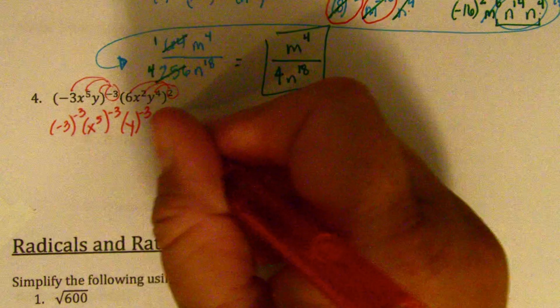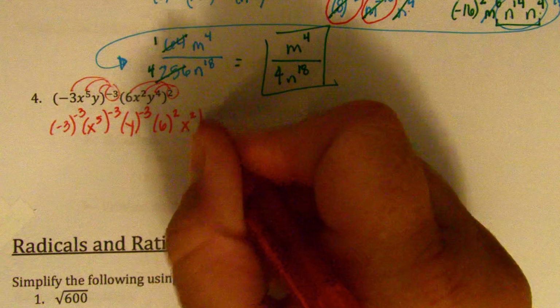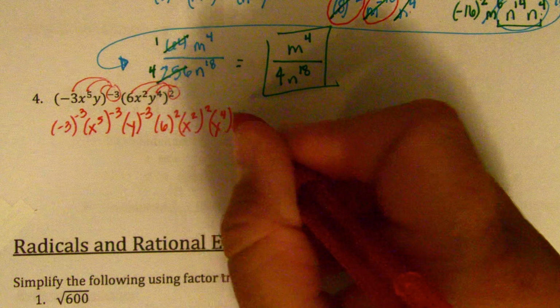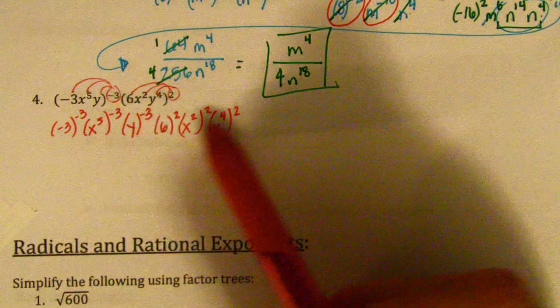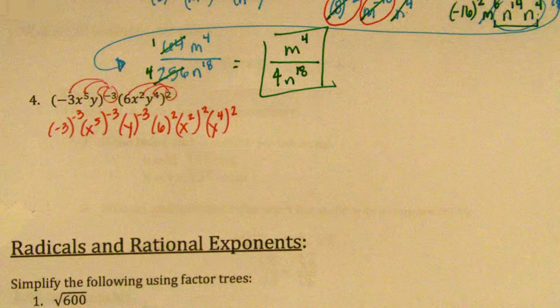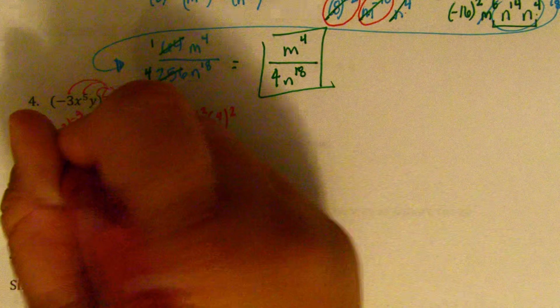And then here I have 6 squared, x squared, and y to the 4th squared. Now, as you get more comfortable with this, you might not need to write out this step. You might be able to go to the next step from the very beginning. That's perfectly fine. Here I have negative 3 to the negative 3 power.